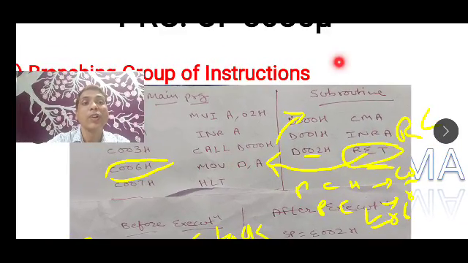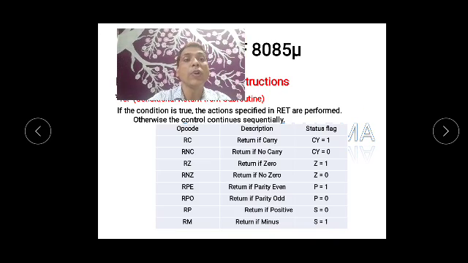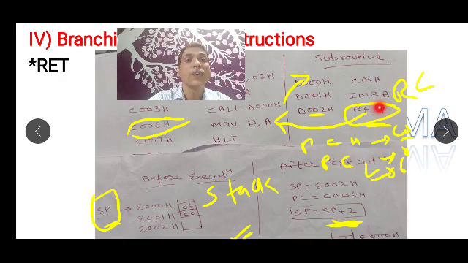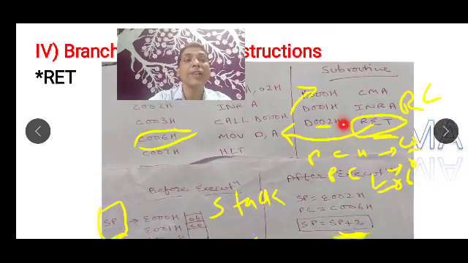These are the conditional return instructions. So if your condition is true, then only it will come back. If your condition is false, then it will continue.